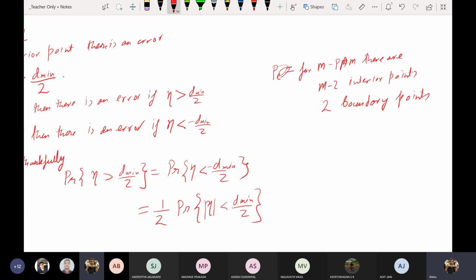Agreed? Yes, sir. So the probability of error considering equal priors, that is all the signals have equal probabilities of being transmitted.